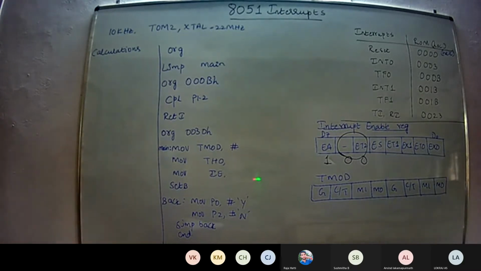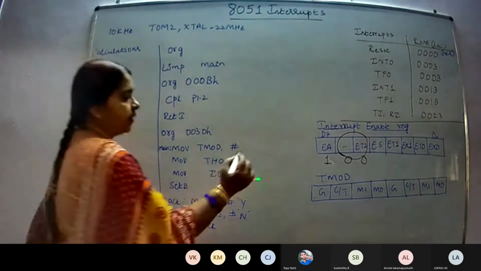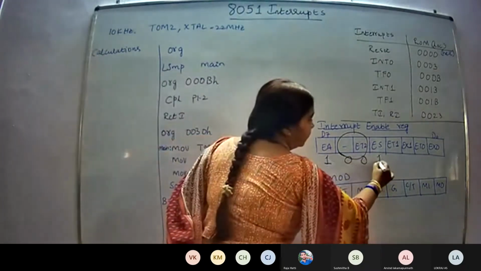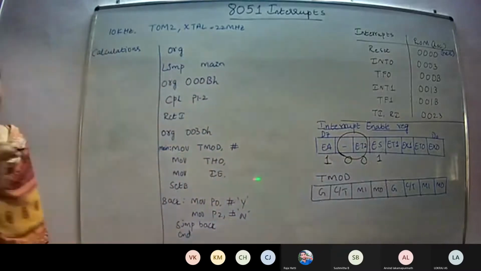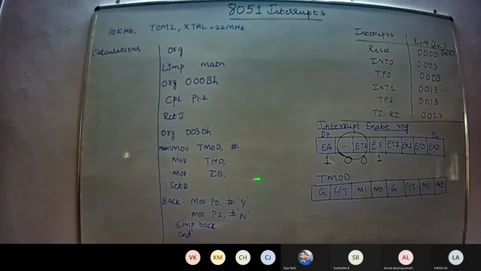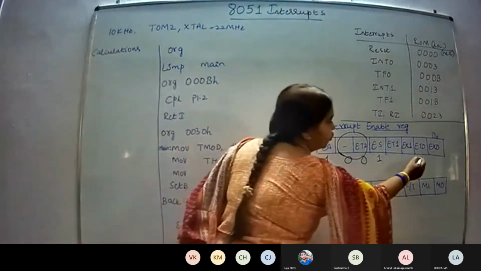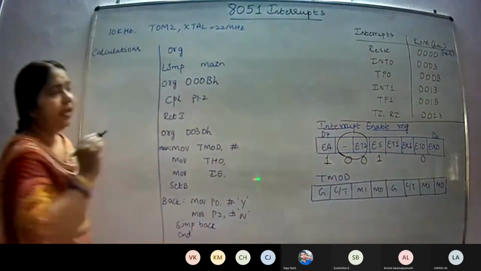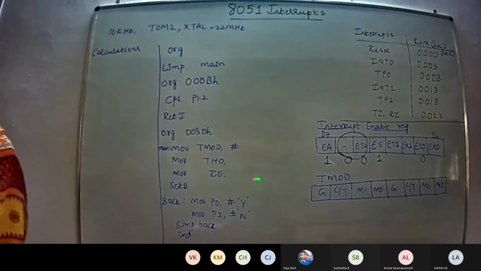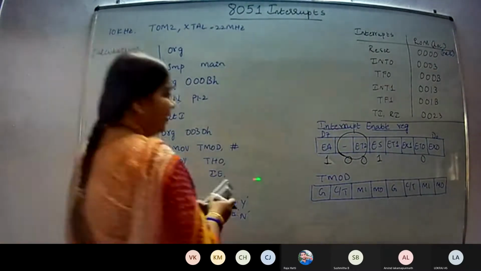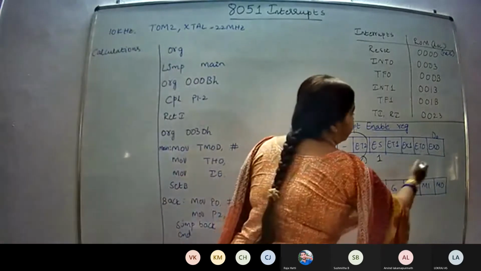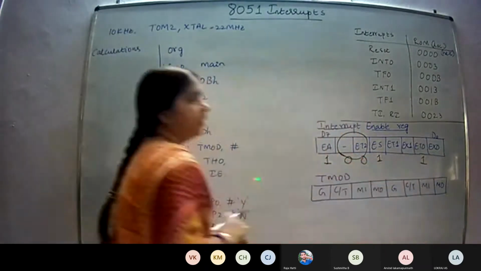If they ask you to show the instruction to enable the serial interrupt, then the serial interrupt bit ES should be made 1. If you want to enable the timer 0 interrupt, that means ET0, it should be 1.